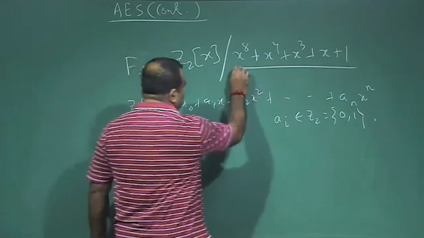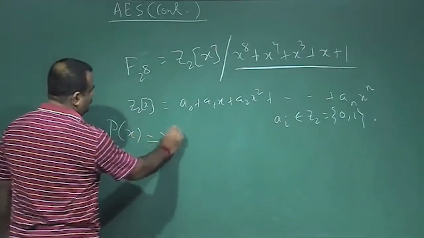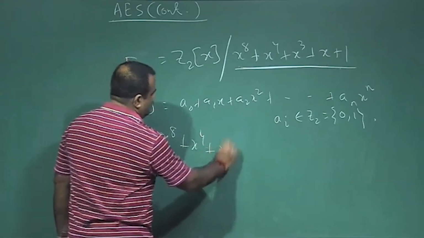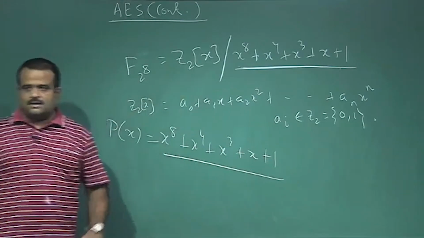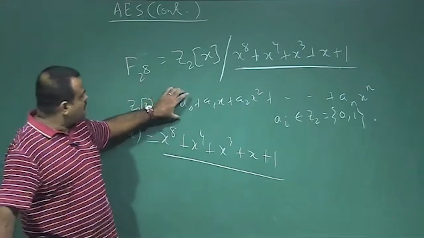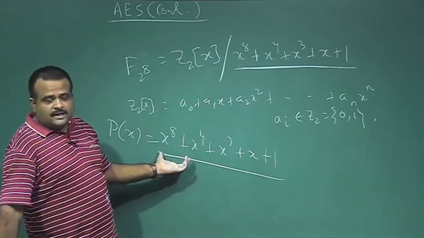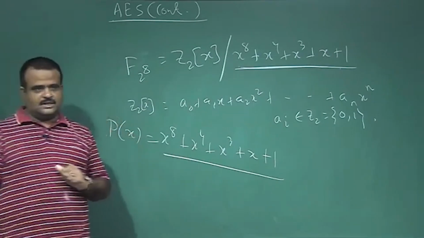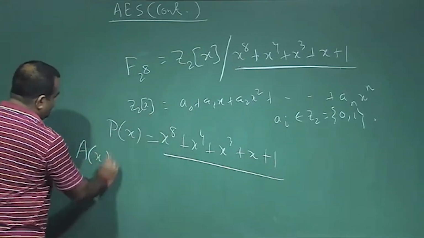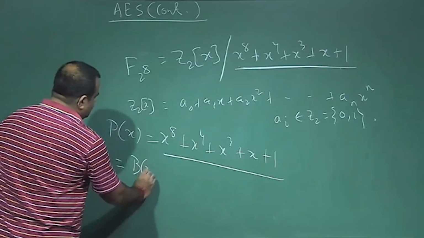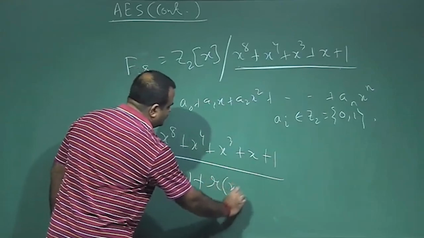Now if we take this irreducible polynomial p(x), and we take any polynomial in Z2[x] and try to divide it by this polynomial, then we will get a remainder polynomial. So any polynomial a(x) can be written as b(x) times p(x) plus r(x).